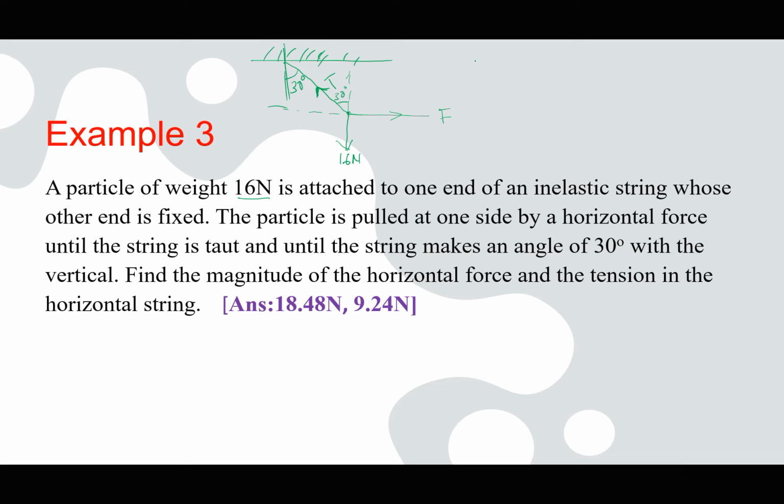So resolving in the horizontal, T sine 30 should be equal to the force F. In the horizontal, there are two forces acting, T sine 30 and F. Then in the vertical, we have T cos of 30 acting upwards, and this should be equal to the weight of 16 newtons.